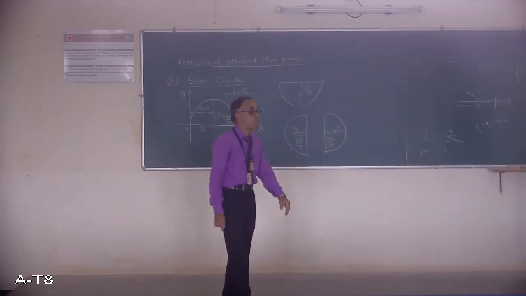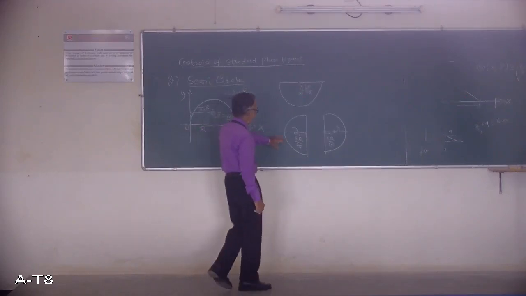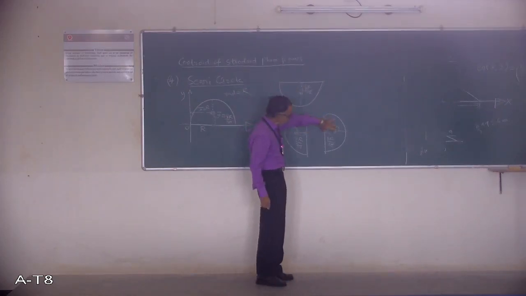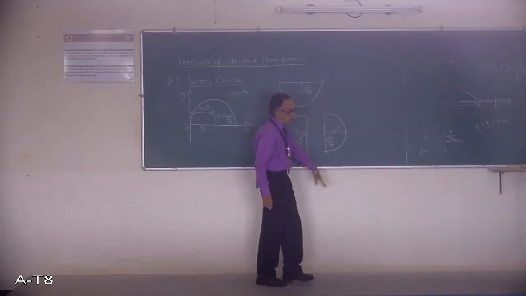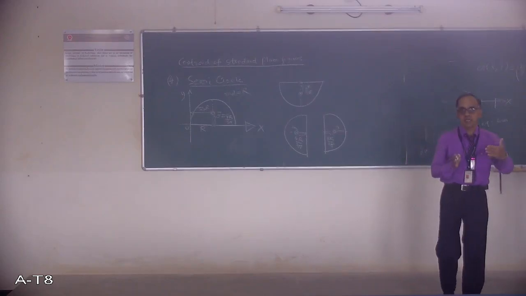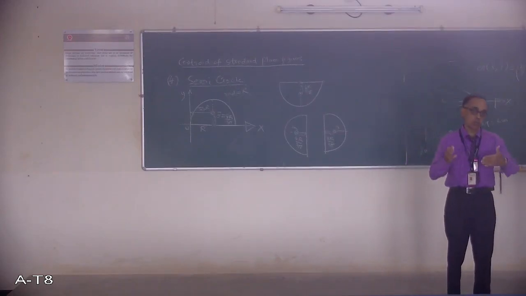At that time this value is very, very important. From this point, 4r upon 3 pi. This was the table I am giving, from square, rectangle, triangle, semicircle. All those equations and values you must remember.